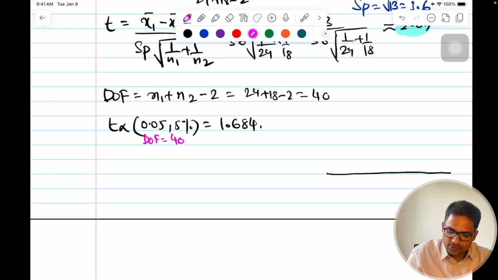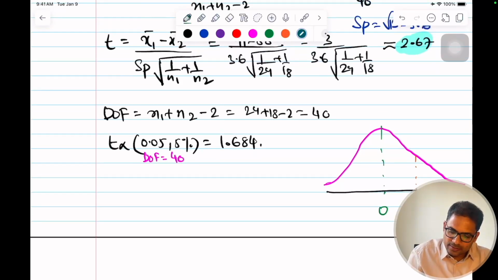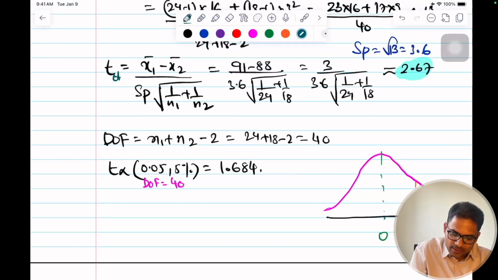So quickly plot it. Initially I'll advise you to keep plotting it so that you get an idea. This is symmetric, and your 0 is here. T alpha is equal to 1.684, and this is your T observed, which is clearly 2.67, one unit ahead.